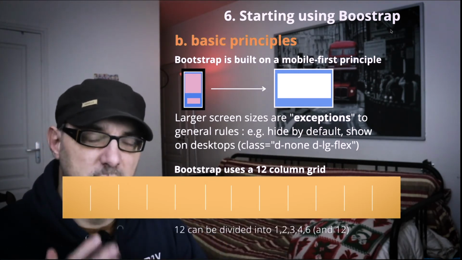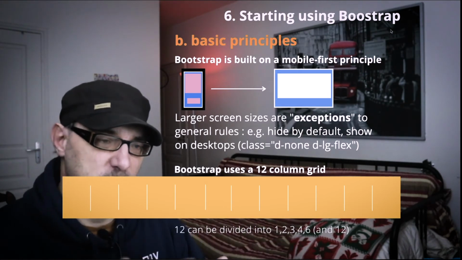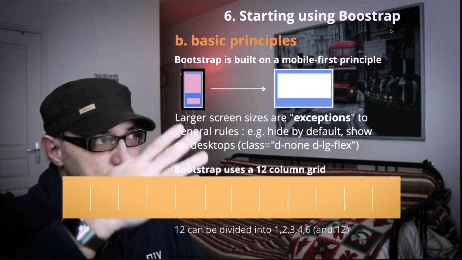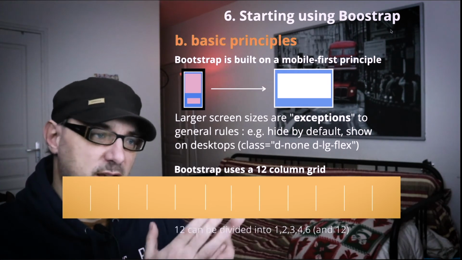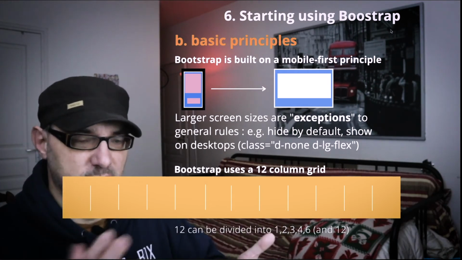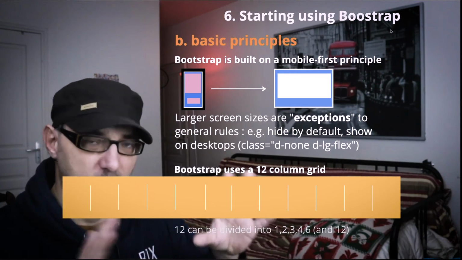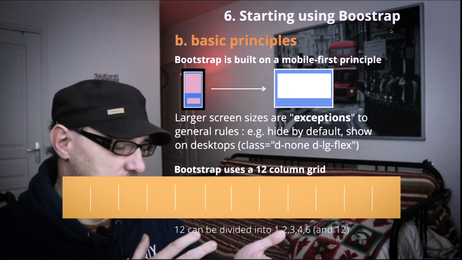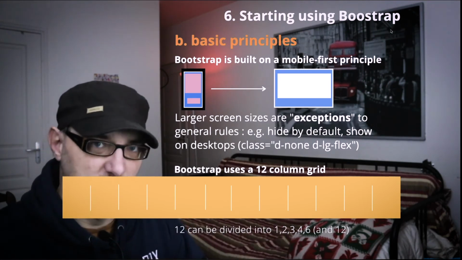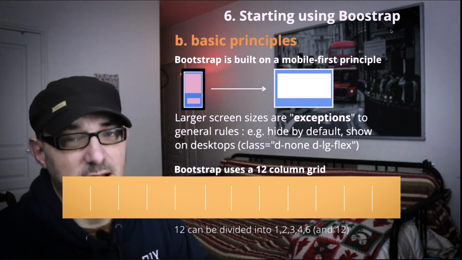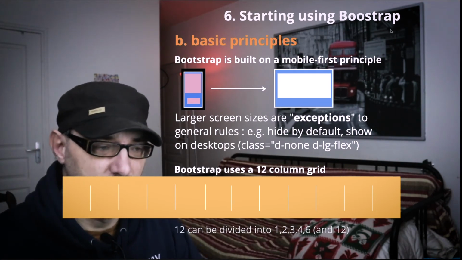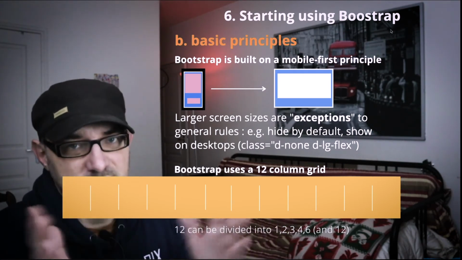And this is done using what's called breakpoints, which are screen sizes where we say, okay, from this size onwards do this. So there are a number of breakpoints: SM for small, MD for medium, LG, XL, and now in Bootstrap 5 there's XXL, which you can set as different sizes.